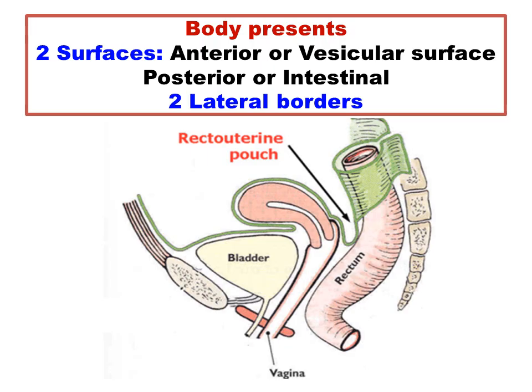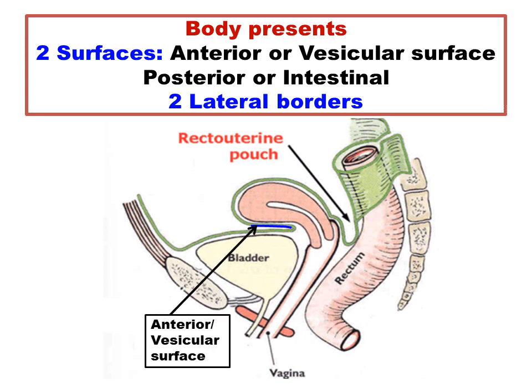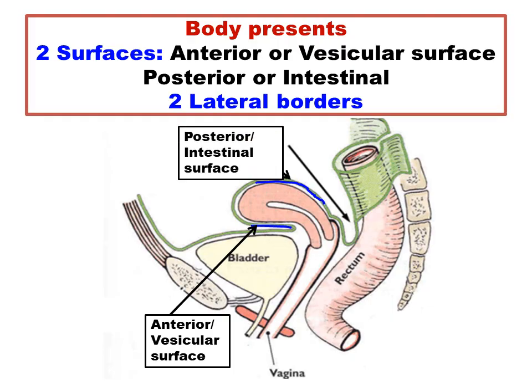Body presents two surfaces, anterior or vesical surface and posterior or intestinal surface, and two lateral borders. Anterior surface is the vesical surface because it is closely related to the urinary bladder.